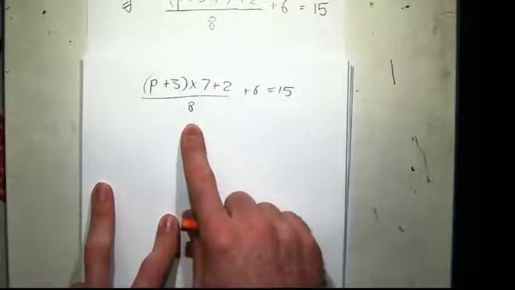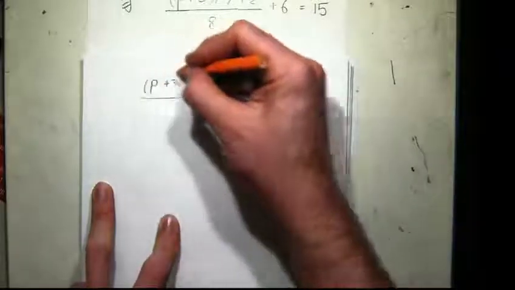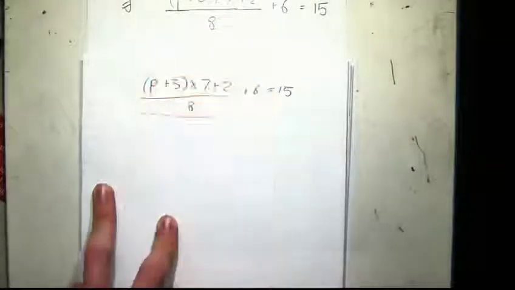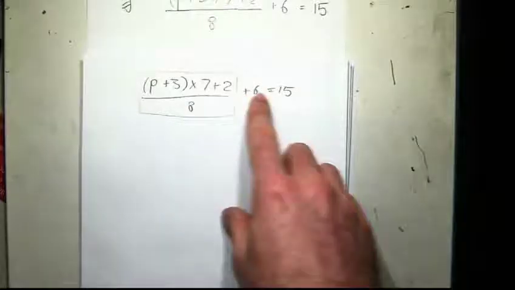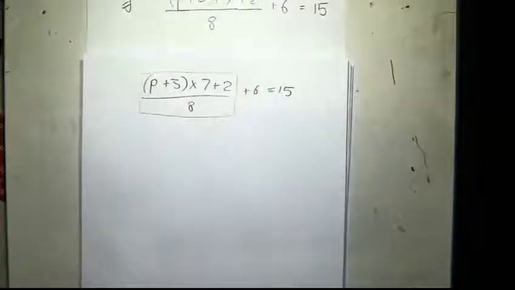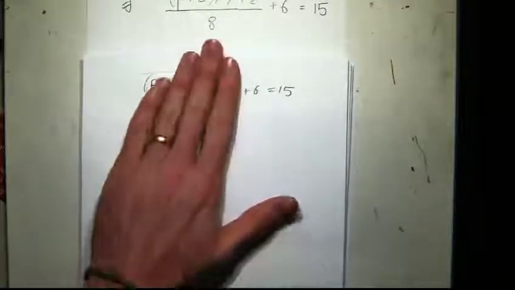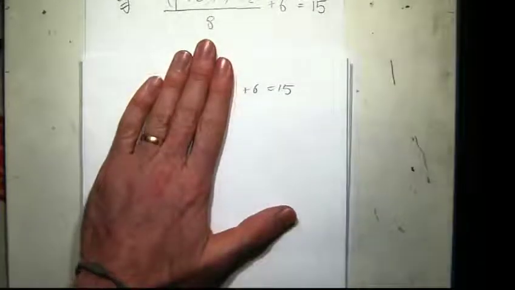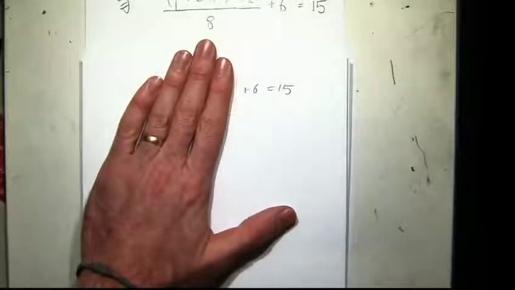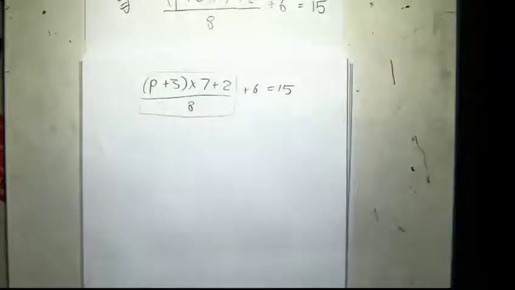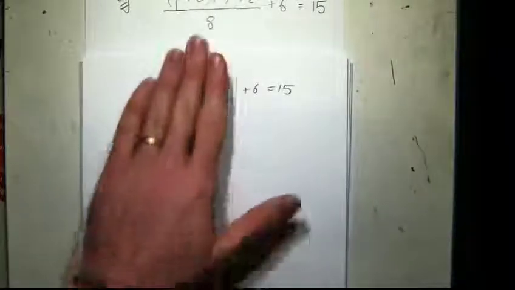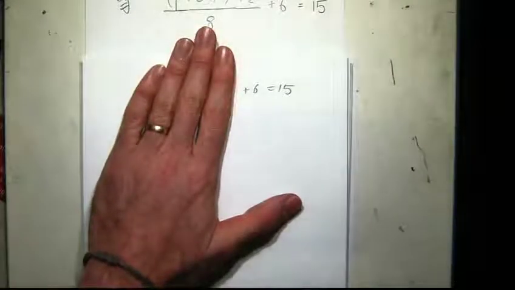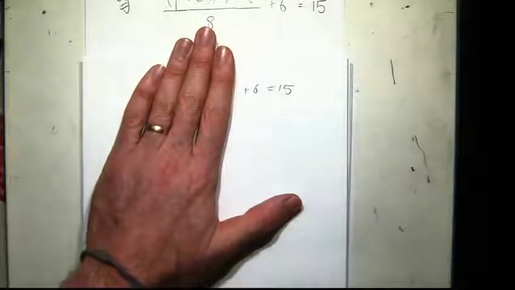Division is stronger, that glues things together. So I have all of this stuff, whatever that is, plus 6 is 15. And so that number would have to be 9, because 9 plus 6 is 15. So I can imagine just unwrapping the first layer and saying something plus 6 is 15, so that something must be 15 minus 6.